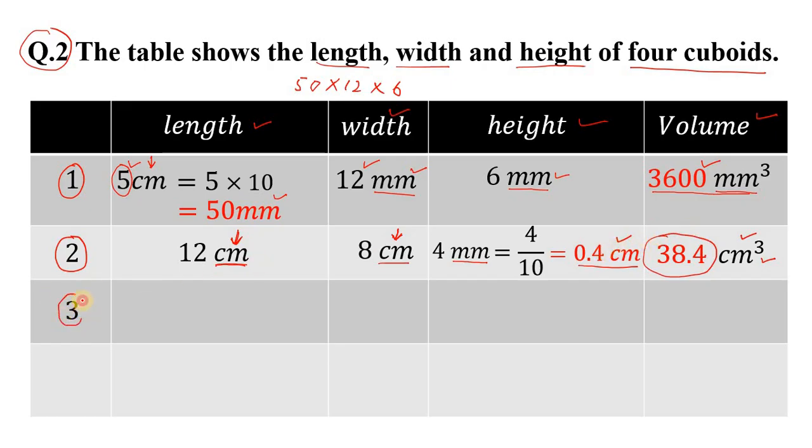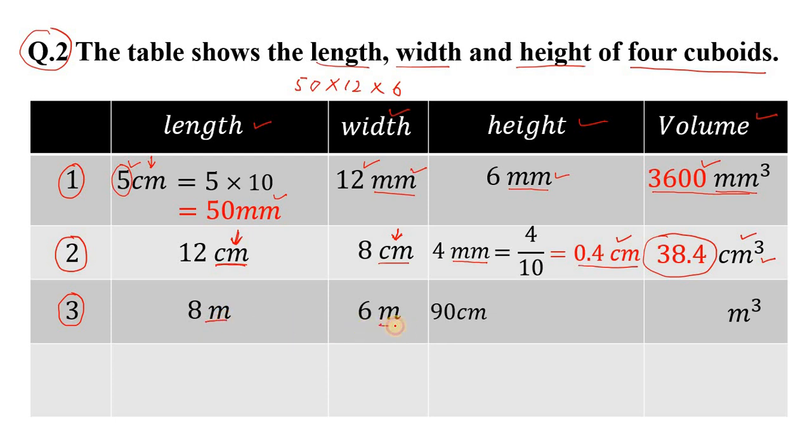Question number 3. Length is 8 meter and width is 6 meter and height is 90 centimeter, and our volume is in meter cube. So length and width are in meter.